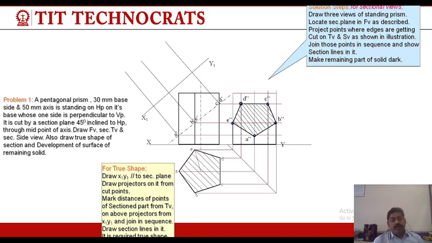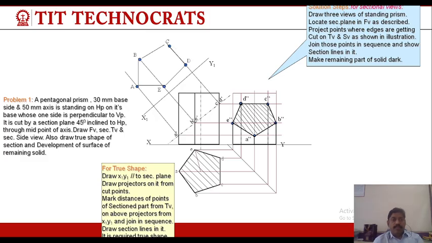Now we draw a new reference line parallel to the section plane, like XY. This is X1 and Y1. When we move to X1, Y1, it means we move toward XY. Now measure the distance from XY to A, then E, then B, then D and C, and put them like this and join the line.